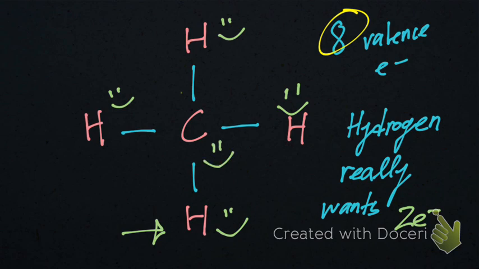That carbon has 8. This is the right structure for CH4. CH4 is also methane, which is the gas that's coming out when you're burning a Bunsen burner, and also on your stove at home. That's methane gas, CH4.